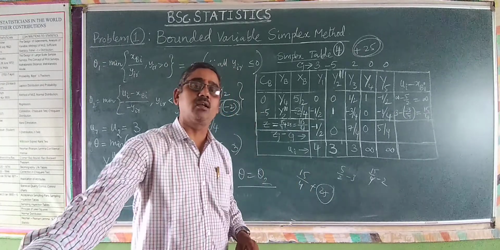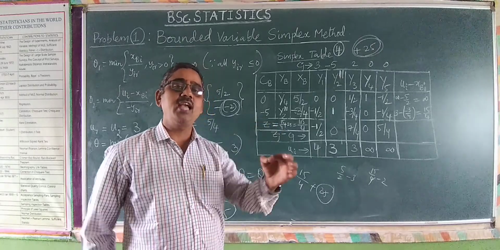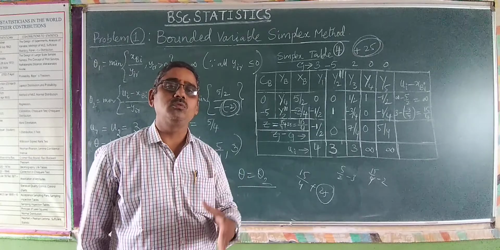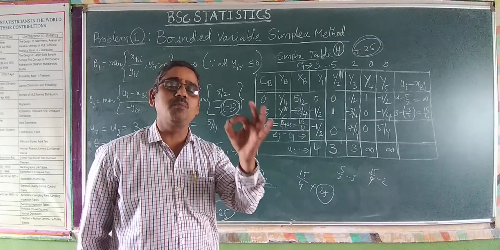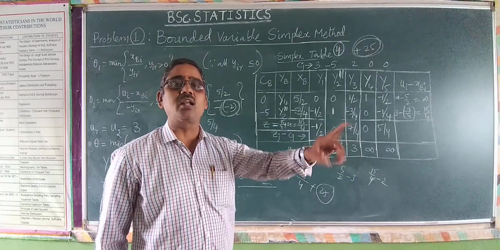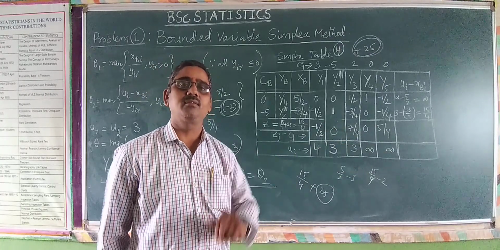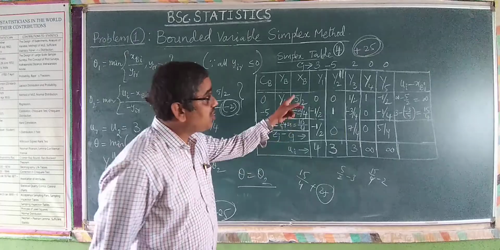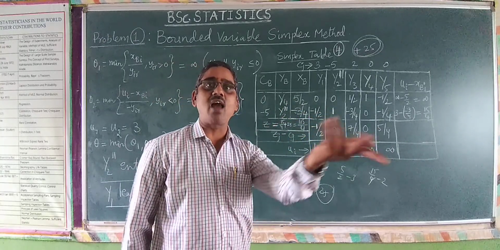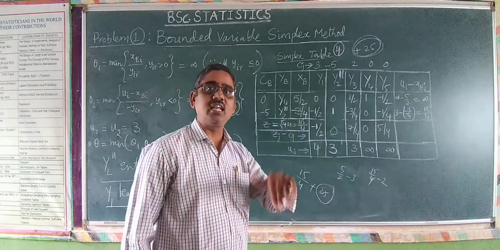Please remember, in the case theta is equal to theta 2, we have to do two simplex tables. First, calculate yr enters, yk leaves, and then reconsider this table and observe the sign of the net evaluations.